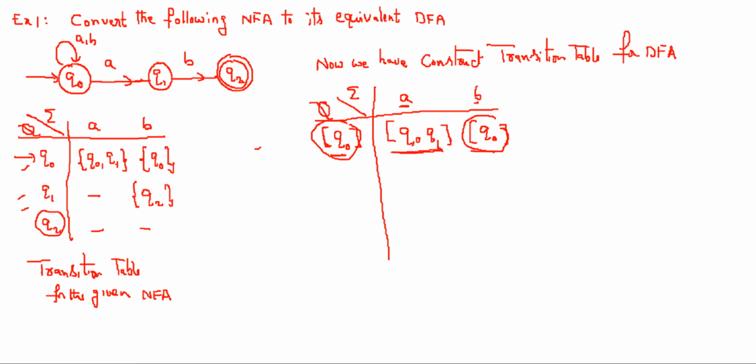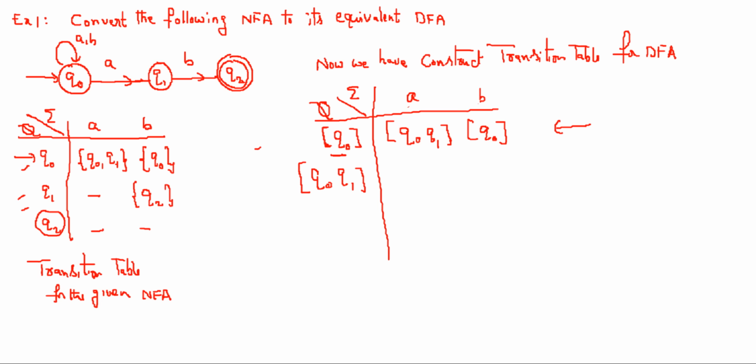So Q0 Q1 is the new state generated right now. So now in this line, whatever new states we have obtained, we have to work with those newly obtained states. Now Q0, Q1 is the new state obtained for the DFA.